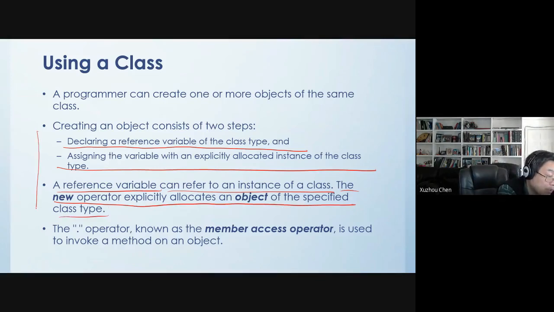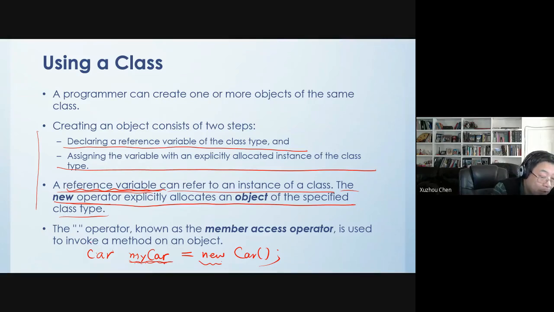So once you declare a class called Car, we can create myCar, which is an object, also called a reference variable. Then we use new and then Car. So the new operator explicitly allocates the object of the specified class type. This way we create a reference variable, which is the object of a car.